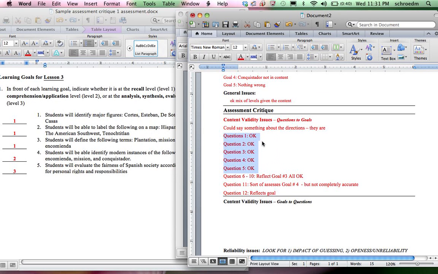I should actually also write next to questions 1 through 5 that they reflect goal number 1. That's implied by the okay, but it's probably better if you spell it out. And so I'll just fill this in here. Okay.